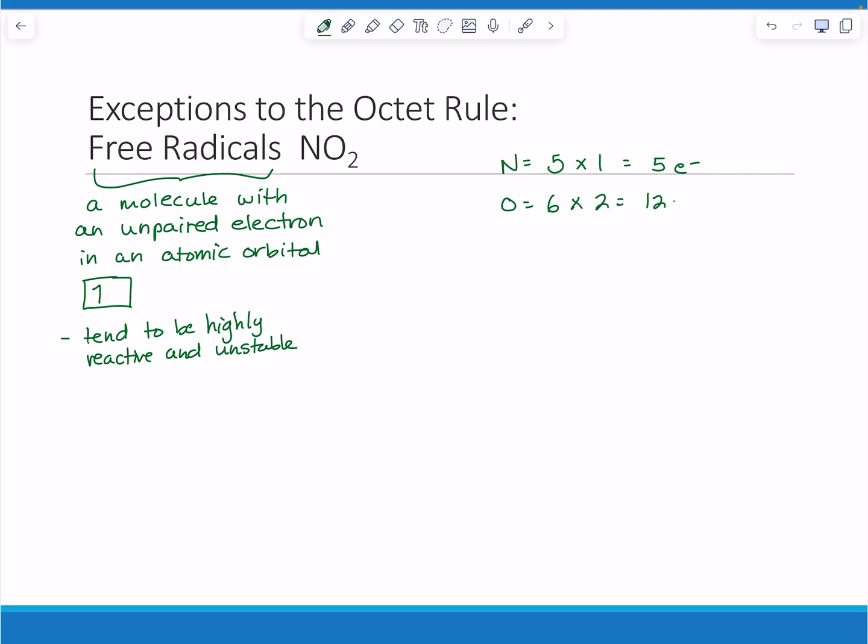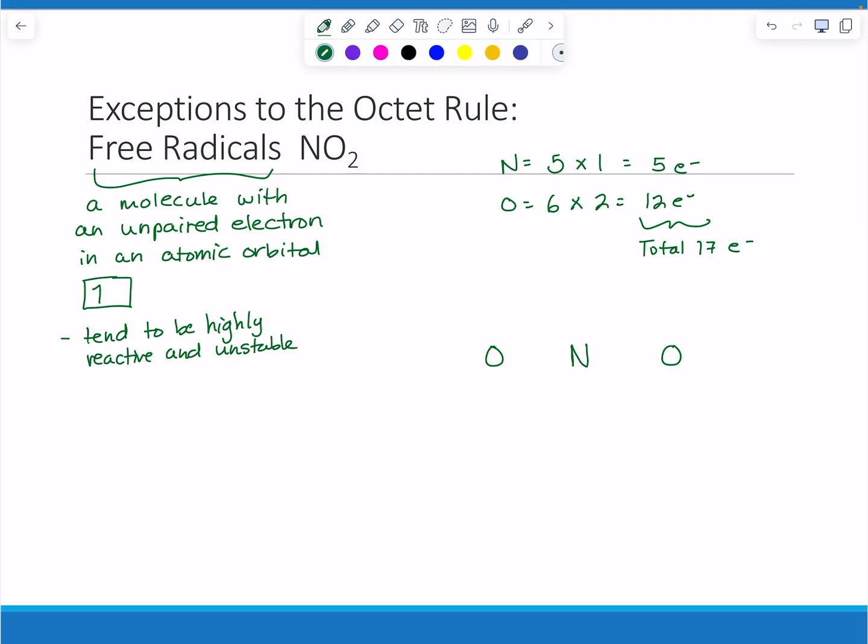So that's 12 electrons, so we have a total of 17 electrons. All right, nitrogen, okay, is the least electronegative, so that's going to be our central atom. And the oxygens are going to go on either side, okay?